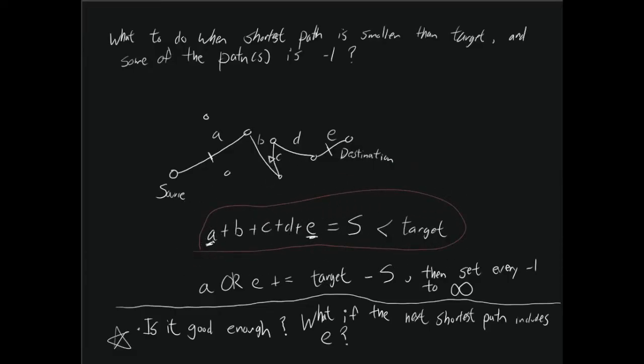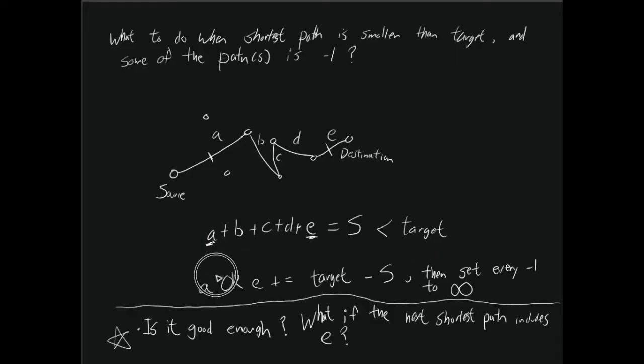By the way, B, C, and D are paths whose weights we cannot change because they have some initial weight. So A plus B plus C plus D plus E, where A and E are the -1 paths, is S, and S is strictly smaller than the target. Then what should we do?